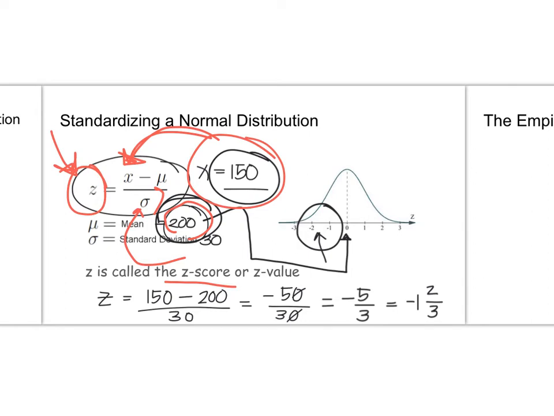Just watch out, in case instead of the standard deviation you are given the variance, you have to take the square root of the variance to get the standard deviation. Do not make the mistake of putting the variance in the sigma, because the variance is sigma squared and not sigma.